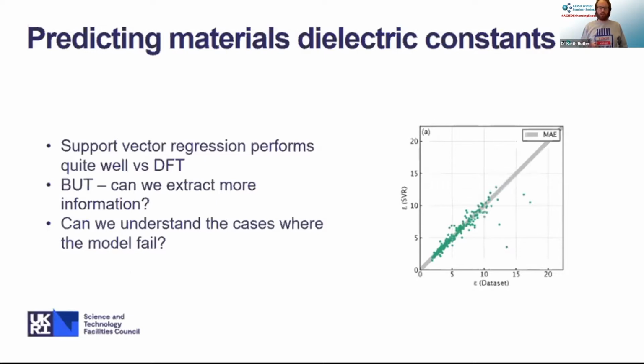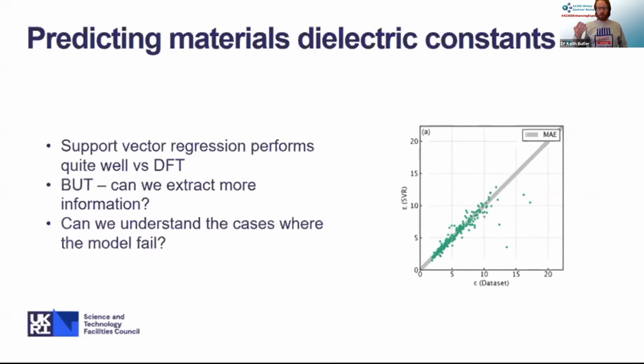We're looking at solids here. The one that he settled on at the end as working the best from the classical models was support vector regression. And of course, it works an incredible amount quicker than density functional theory, so you can do these predictions really quickly. But once we got this, we wanted to know, can we actually extract more information from this?